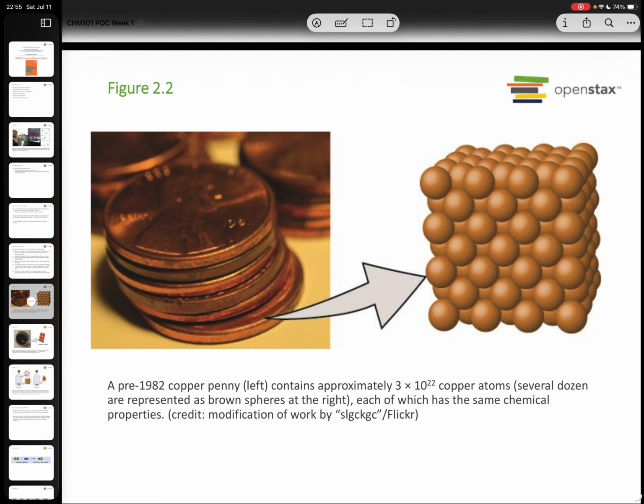Yung magnitude niya 10 raised to 22, no? So that is an enormous number of atoms in a very small object, no? So the important idea is that each copper atom has the same chemical properties as every other copper atom. Okay? So this supports Dalton's idea that an element is made of one type of atom.